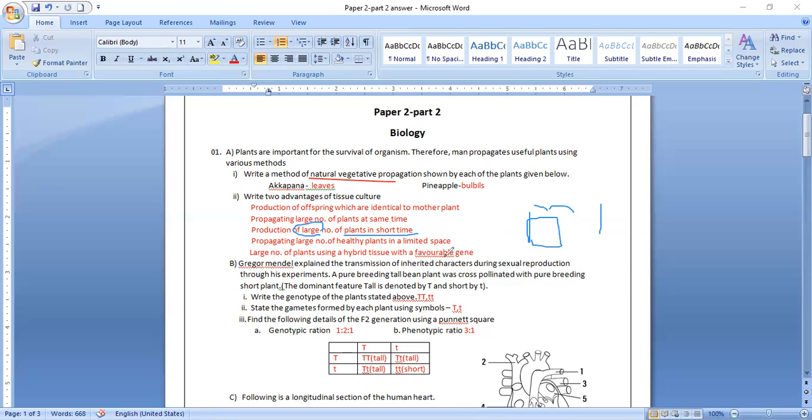So any two examples will be your correct answer. Okay, so this is a part of reproduction. So that is connected next with genetics, heredity, right?